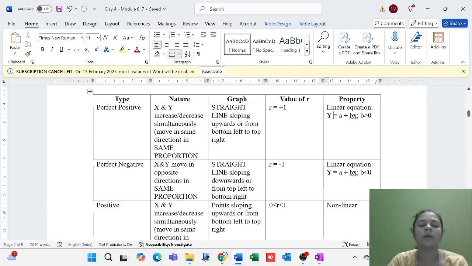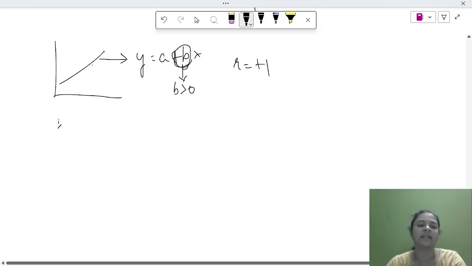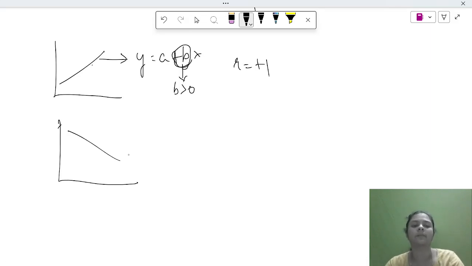Now coming to perfect negative correlation, x and y move in the opposite direction, which means one increases and the other decreases, but the proportion of change is the same. So this is also a straight line that slopes downwards from top left to bottom right. So the graph for perfect negative is going to be like this, top left to bottom right.